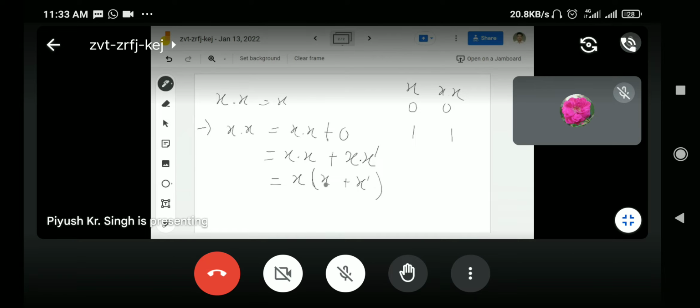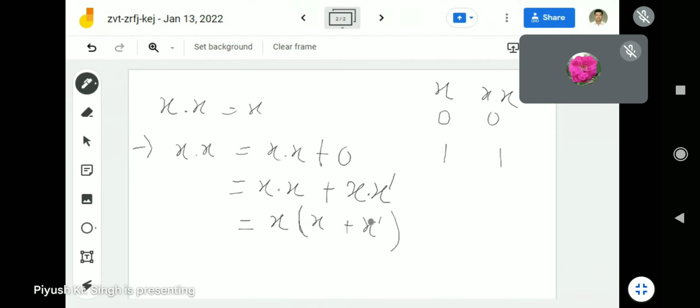If it is 0, then it will be 1. If it is 1, then it will be 0. So its sum will always be 1. So it will be equivalent to x. So both the methods are valid. Either you may show it by the truth table, or you may show it by the basic postulates. Is it clear to all?